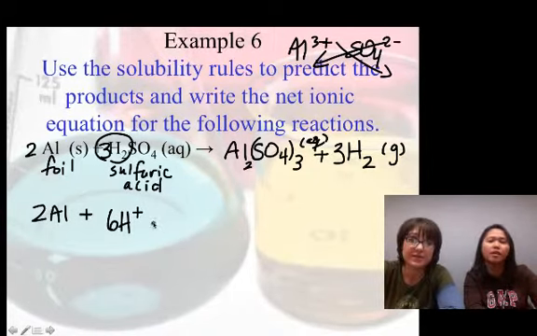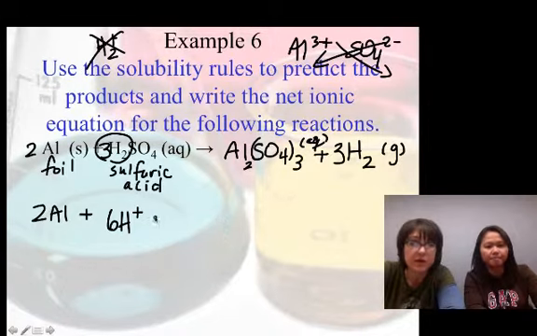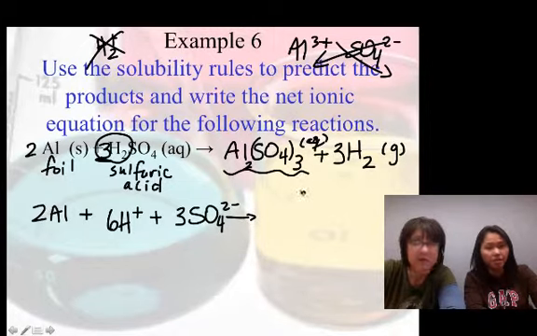And there is no such ion on your card as this, you can't write it that way. How about sulfate? That's SO4 2 minus. And how many of those? 3, right? So should we break this one apart? Yes, because that's aqueous.